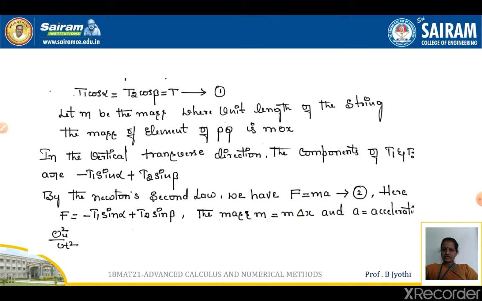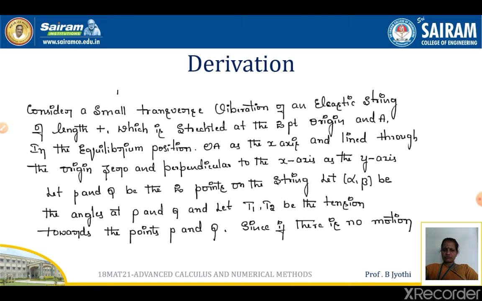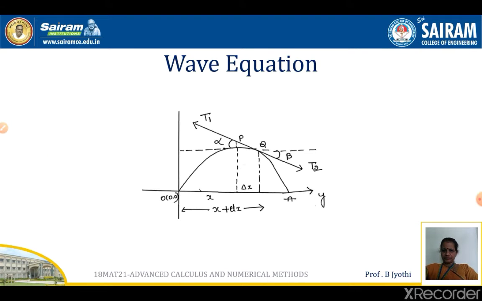And before going for the explanation further, let me explain to you the diagram. Here you can look at the diagram. There is a string here and the points P and Q. At the particular points P and Q, there are angles made, that is alpha and then beta. This is T1 and then T2, and this is OA.